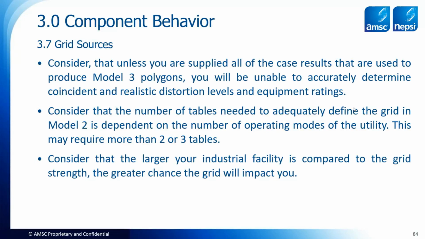Which X and R in each of those polygons at the 2nd through the 50th harmonic correspond to a realistic grid condition? There's no guarantee that any point that you could pull from that polygon actually corresponds to something realistic from the 2nd, even just to the 3rd harmonic. So you have to be aware of that and understand how to apply those polygons so that you achieve some reasonable answers.